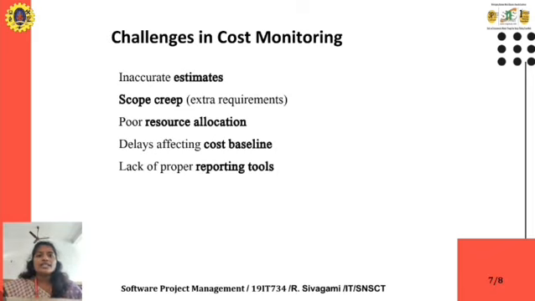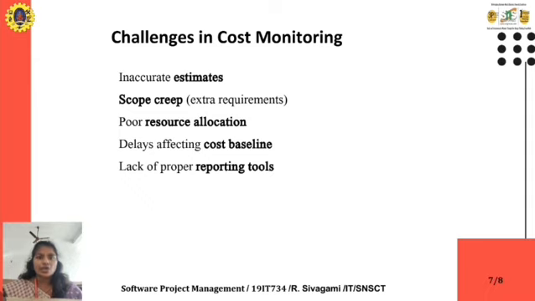The next one is challenges in cost monitoring. What are the challenges we face in the cost monitoring process? The first is inaccurate estimations.